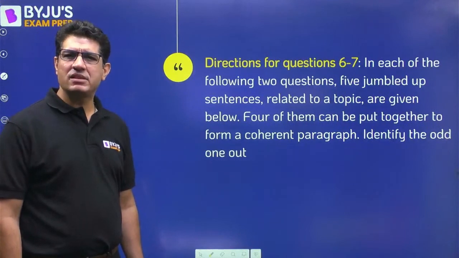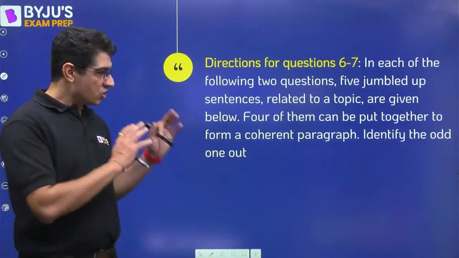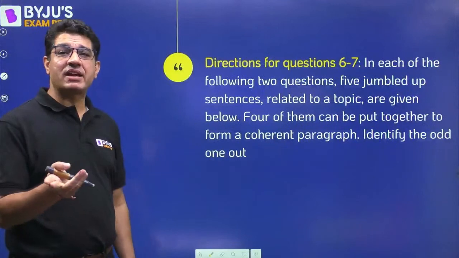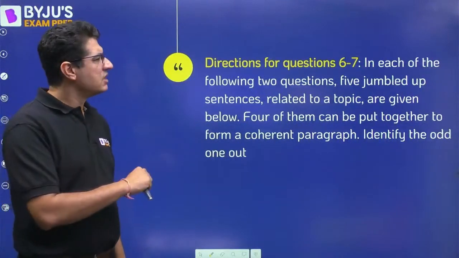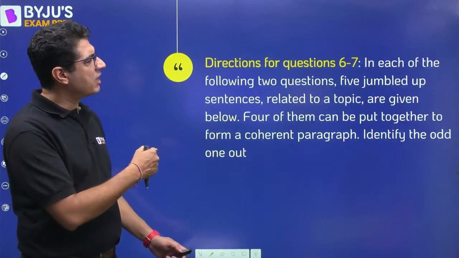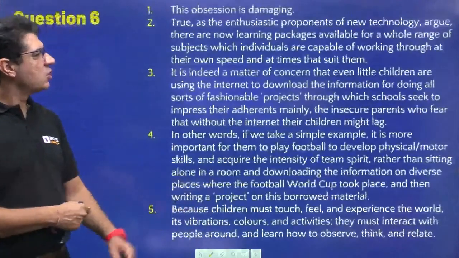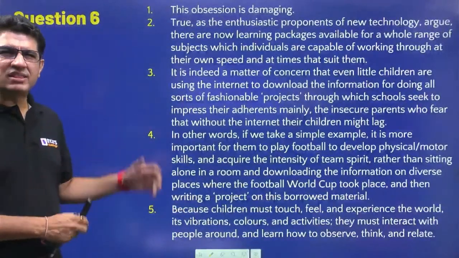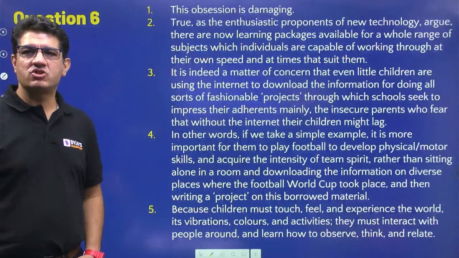Alphabet forms as in? Okay, so these two questions are going to be what? Paragraph, odd one out questions. So here is the first one for you. Question number 6 on your screen, slightly lengthy. Take your time and then share it with me.